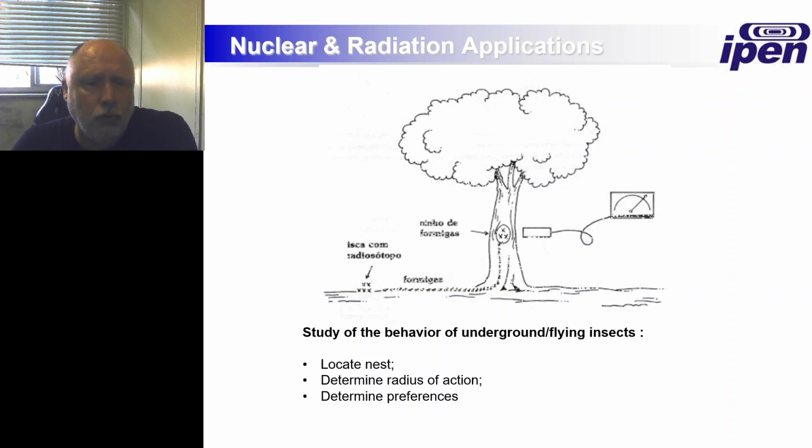This is also done for any kind of underground or flying insects. If you get some bait with a radioisotope on it, you can do that for ants and whatever, and you discover where the nests are, what's the radius of action, meaning how far from the nest will they go, because usually that's a very limited range, right? Things like this.